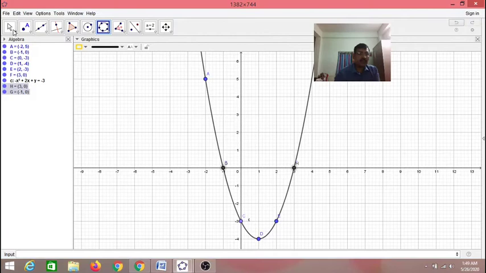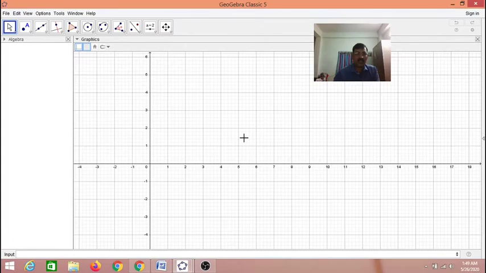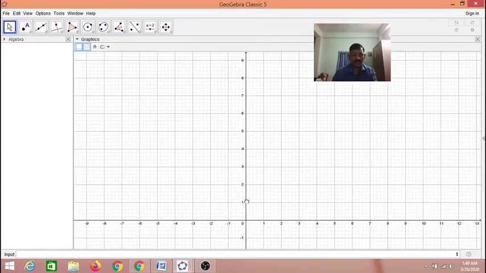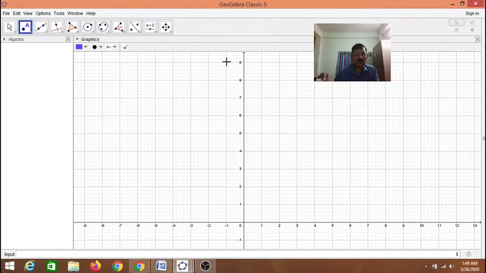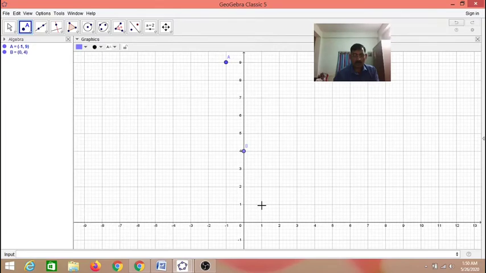Now actually we can use the same graph sheet or we can use a new one, right? Suppose in this case I'm taking a new one so that there is no interruption for this. Now for this graph sheet mainly we can focus here, so we can see minus 1 comma 9 is the point, then 0 comma 4, then 1 comma 1, then 2 comma 0, then again 3 comma 1.